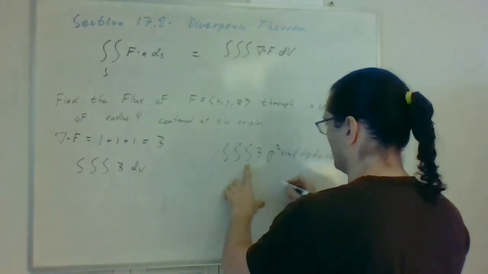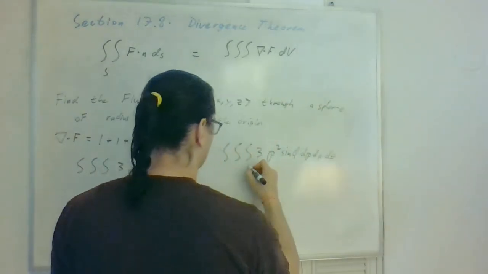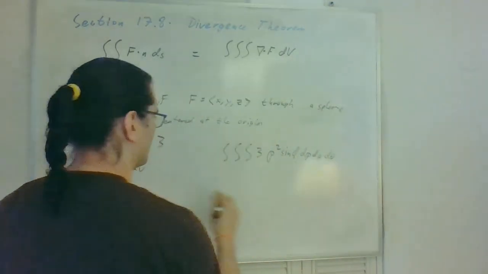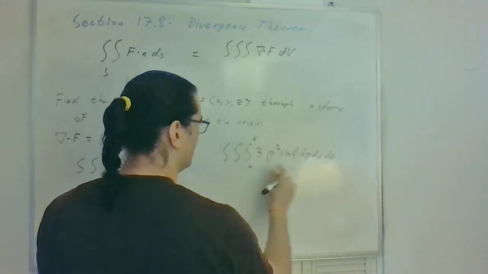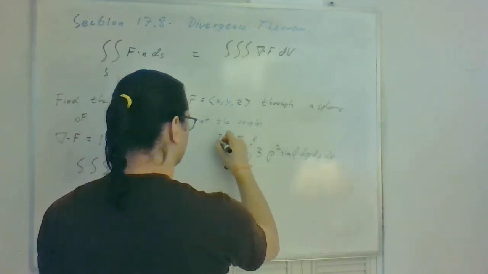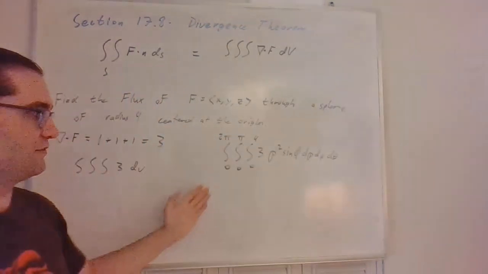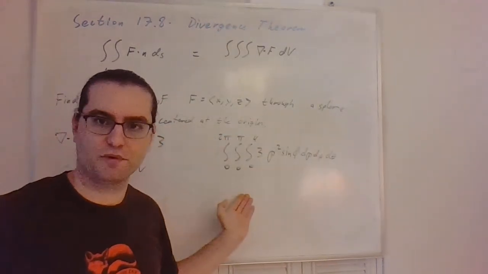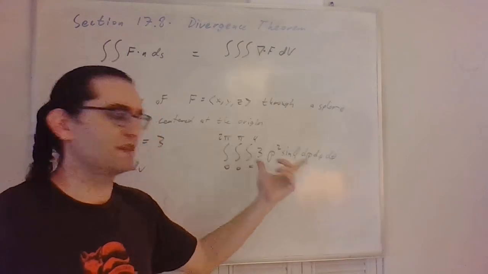Then we have all our bounds. Rho is going to go from 0 to 4, since the radius is 4, phi is going to go from 0 to pi, and theta is going to go from 0 to 2 pi. If you're enthusiastic about doing triple integrals in spherical coordinates, we could make this happen.